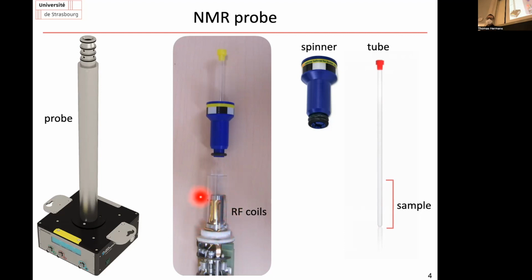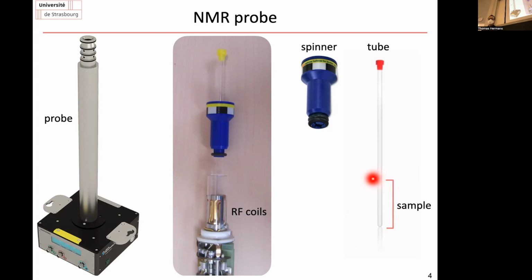Okay. And so your sample goes in what's called an NMR tube. It's just a glass tube that's like 15 centimeters long. And you put maybe 3-4 centimeters of liquid inside. So this will typically be a deuterated solvent like deuterated chloroform or deuterated water or anything like that.